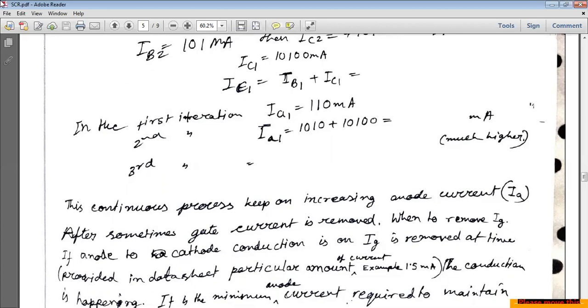The process of conduction is a cumulative or regenerative process. Actually, it is a positive feedback device. A positive feedback device, we have studied in control systems, for example, is an oscillator.